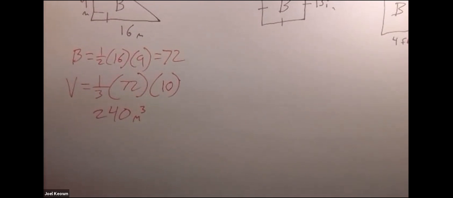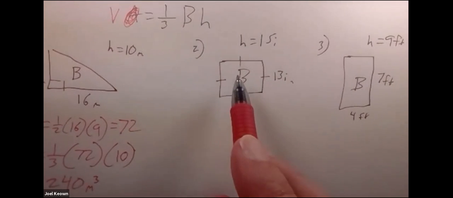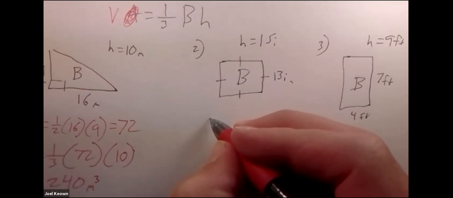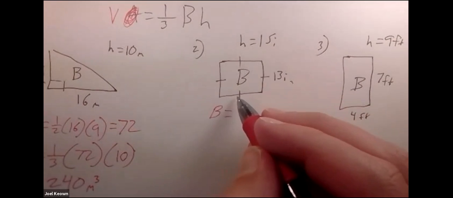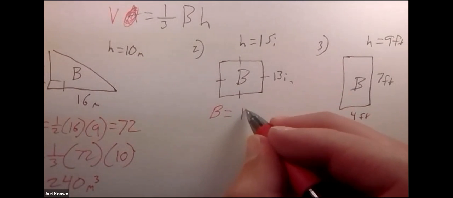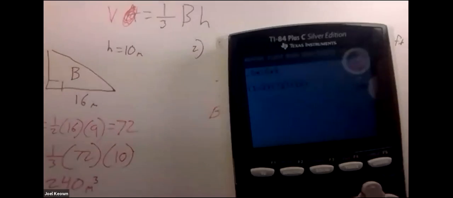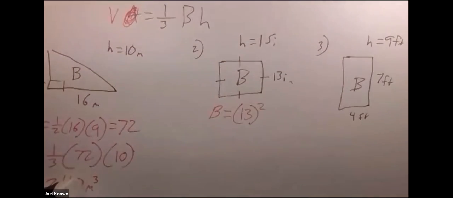No, it's really dark. I'm not sure why. All right, let's move on to the next one. So this one has a square base. So for a square, the area of the base is just going to be this times itself, or the side squared. So what is 13 squared? 169.